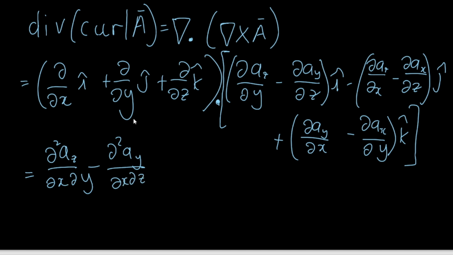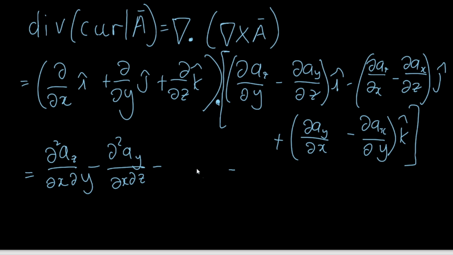Then we can continue expanding all of these terms, and then when we do that, we find we get ∂²Ay/∂x∂z. Sorry, I've already written down that term.